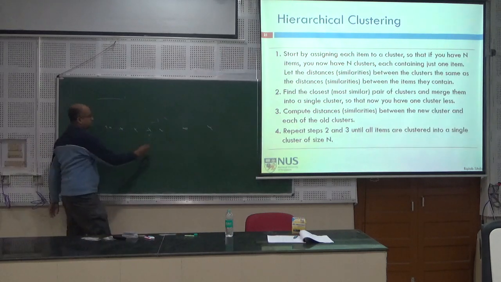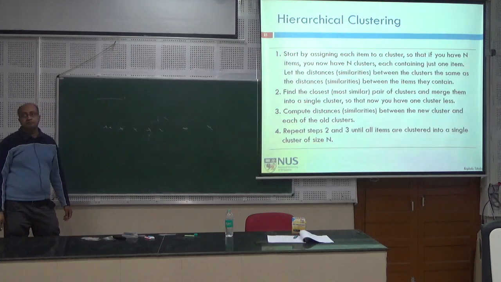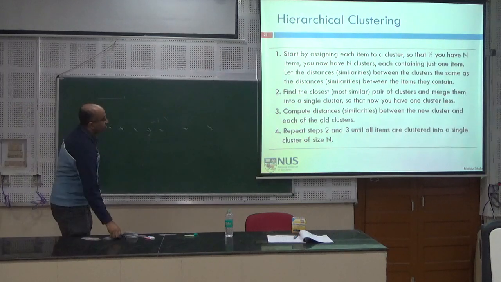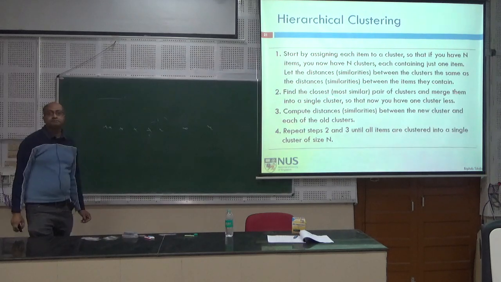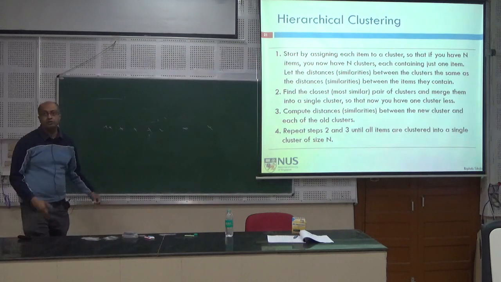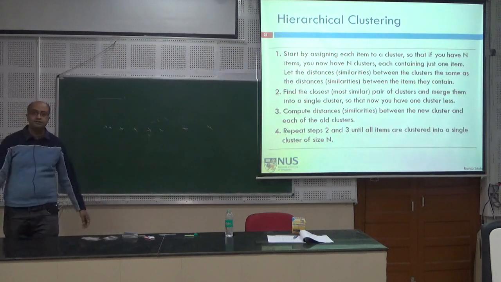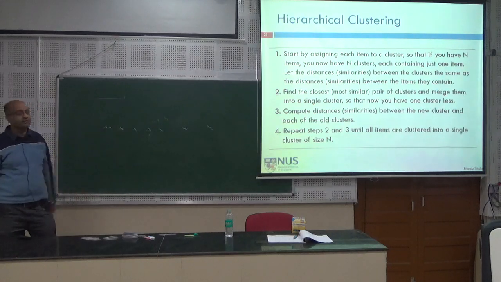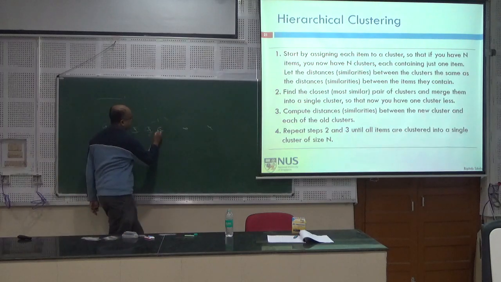You can imagine this is in two dimensions and so on. So what I will do is first figure out the closest pair of clusters. These x's are my initial points, and the first step said everybody is a cluster. So every single one is a cluster now. You are a cluster, you are a cluster, everybody is a cluster.